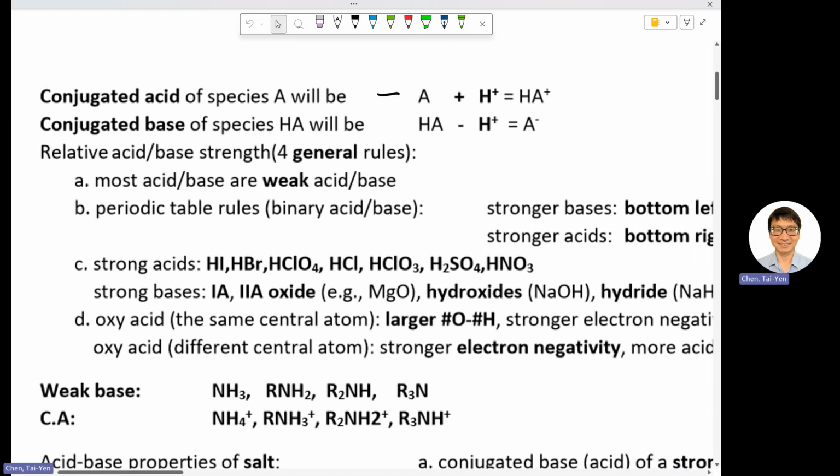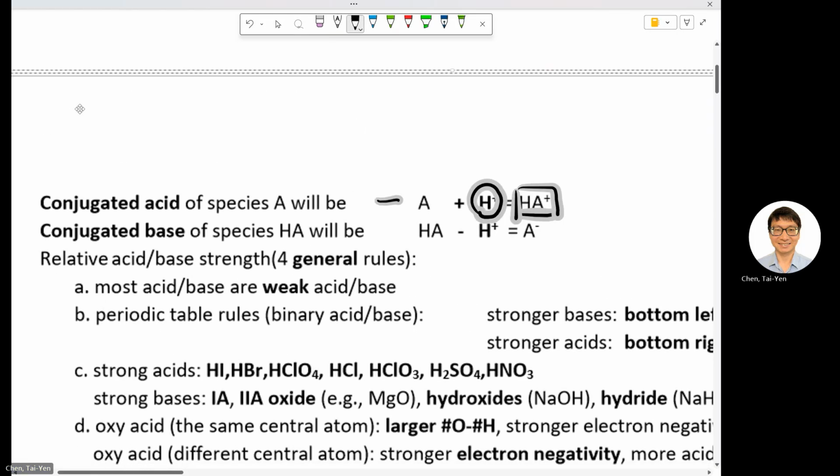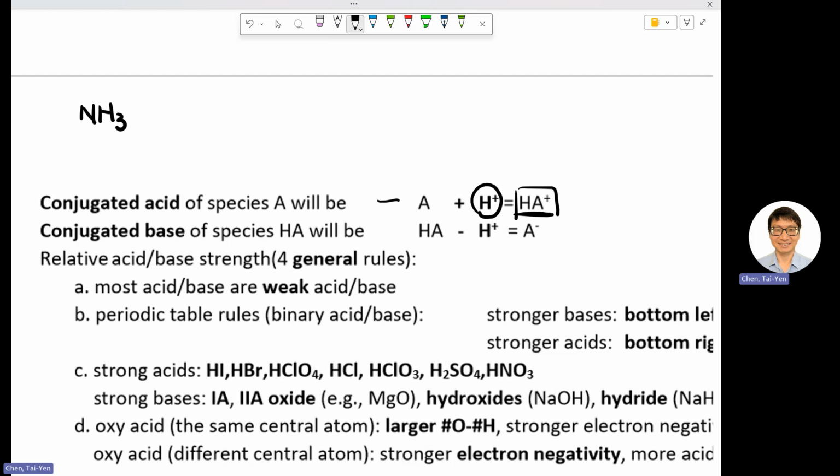If you want to find out the conjugate acid of species A, all you do is add in H plus. When you add in H plus, the resulting species will be the conjugate acid of A. So for example, if I give you a species called NH3, and I ask what is the conjugate acid of NH3, what you do is very simple.